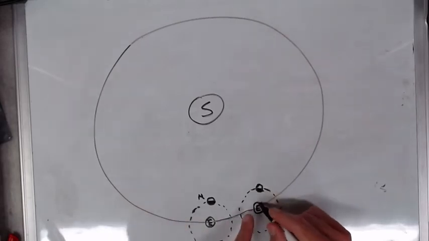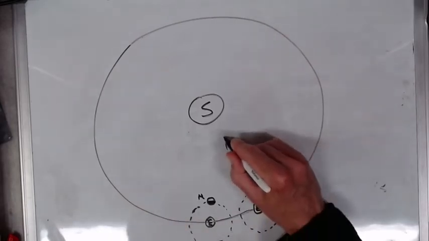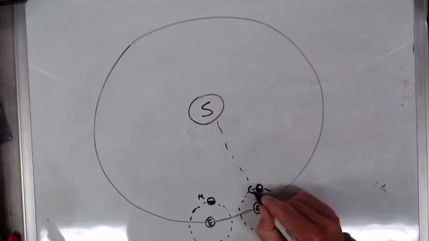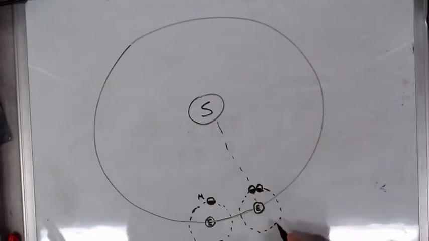Right? But that's not the new moon. The new moon is when the moon is in the direction of the sun, and so the moon has to rotate an additional distance, right?